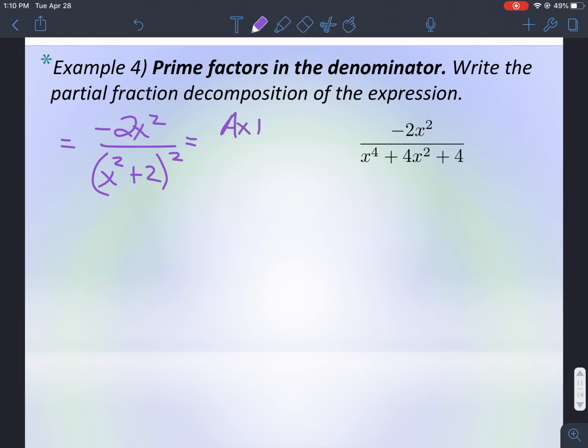So I have to write Ax plus B over x squared plus 2 plus Cx plus D over x squared plus 2 quantity squared.